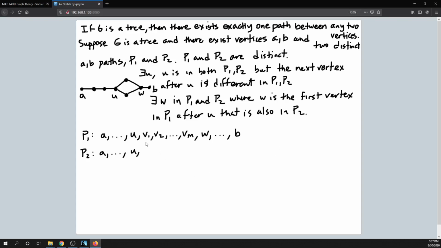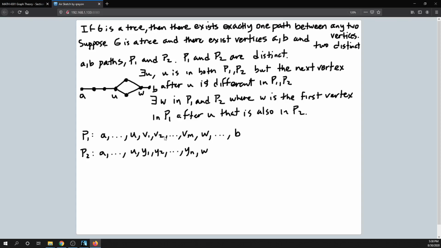U, and then that's where it splits apart. And so it splits apart, and you've got some vertices, and these vertices are only on P2.